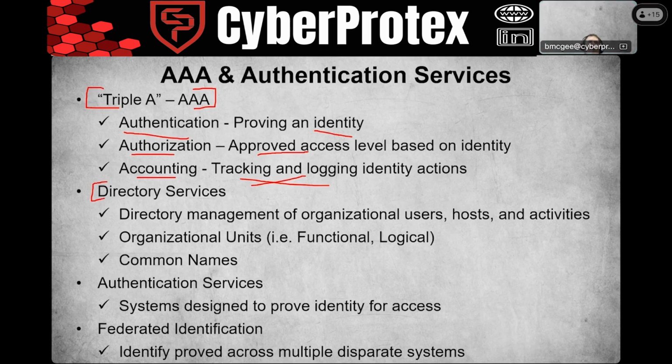And so directory services, if you're not familiar with that, is put into functional units called OUs, or organizational units, OU, not to be confused with Oklahoma University. And things within the directory are given what is called a CN, a common name, and also a distinguished name, so a DN.